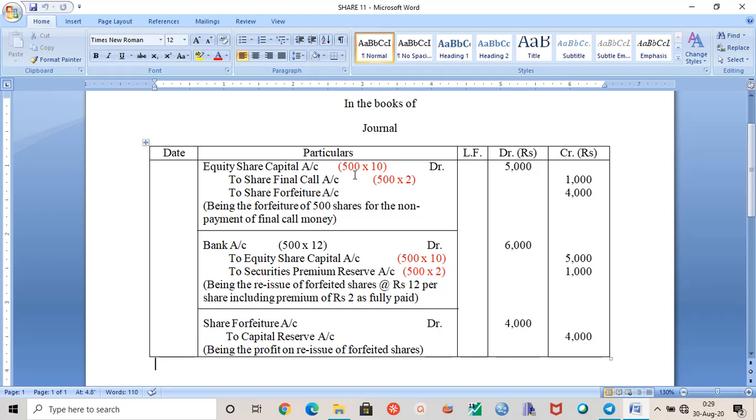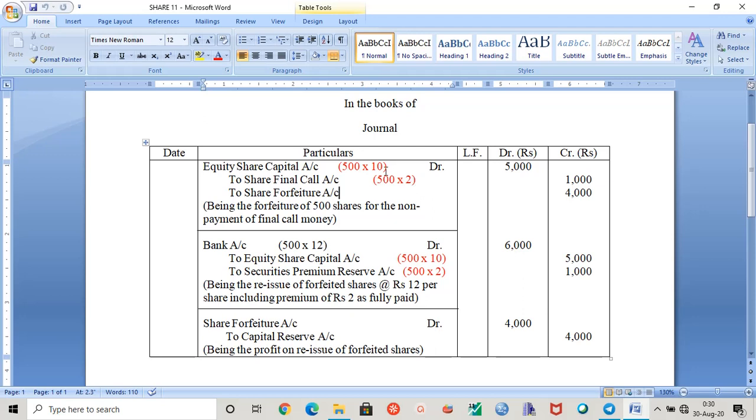Whenever we forfeit the share, we have to write the amount here, whatever the amount is required. It depends upon the question whether the money has been called up fully or partly. In this particular question the amount is fully called up, the full nominal value has been called up, so we have to write rupees 10.